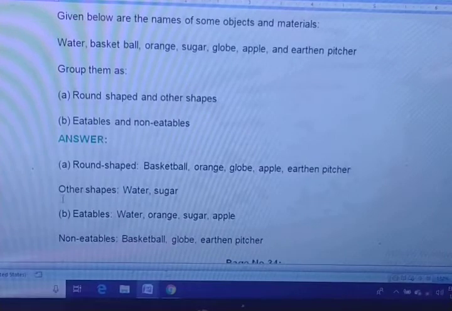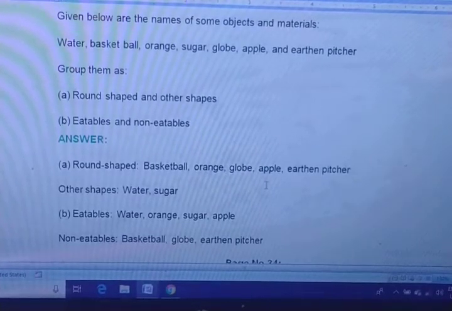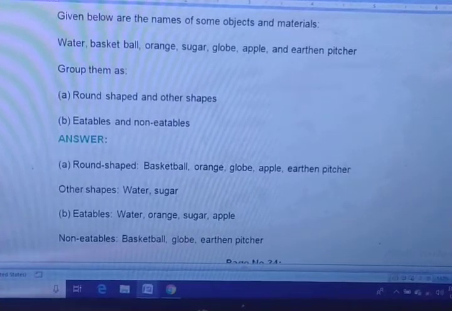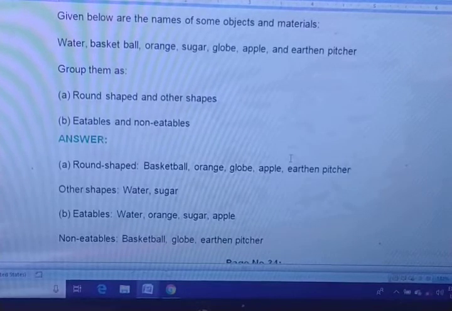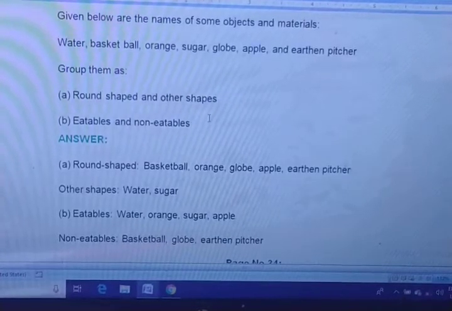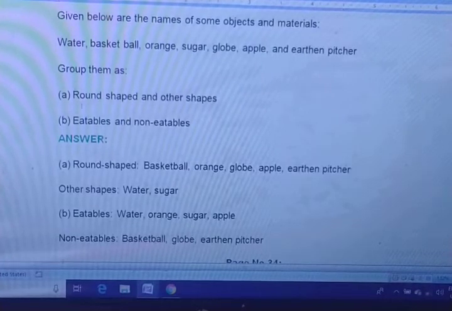You have to write round shaped, and whatever the objects are in round shape, you have to write their names: basketball, orange, globe, apple, earthen pitcher. You will say, sir, apple is not round, earthen pitcher is also not. See, we have to just see the shape. Either they are round shape or they are in the other shape.